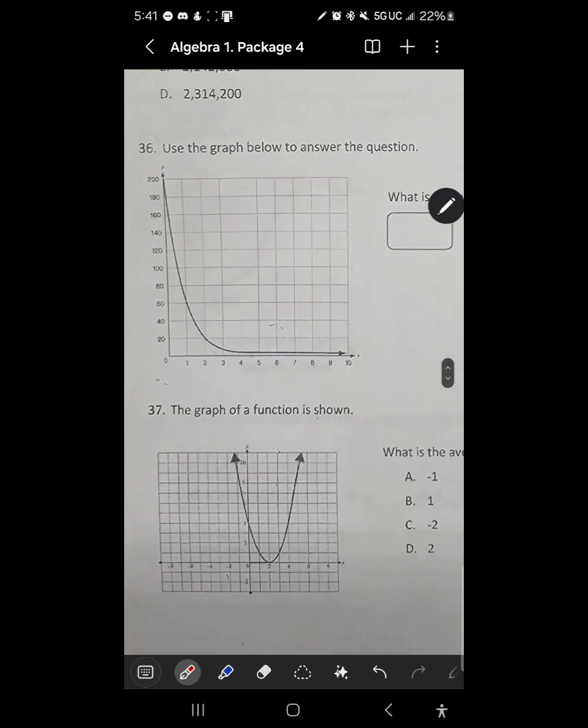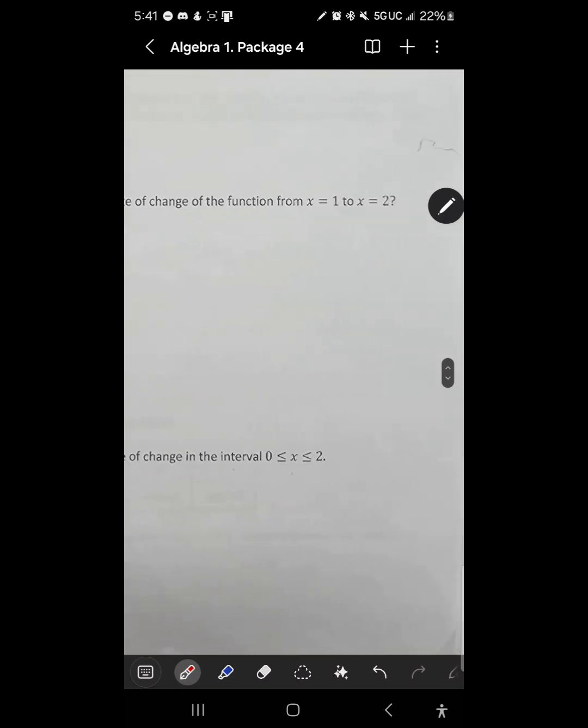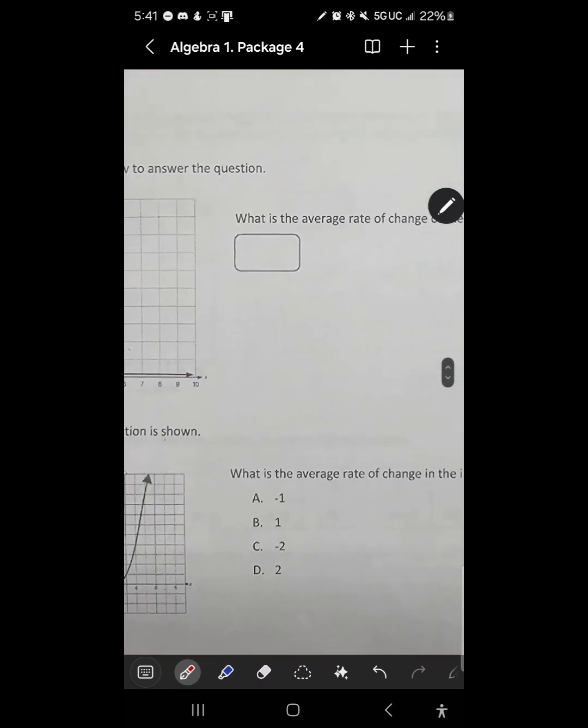Now, number 6. Use the graph below to answer the question. What is the average rate of change of the function from x1 to x2? This uses the slope. When they say the average rate of change, it just means the slope.